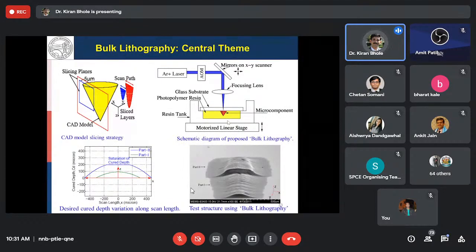Rather, it saturates after a certain level. So we can fabricate a structure of only a certain height using this bulk lithography. Whereas in MSL we keep on building layer by layer, so height is not a limit in case of MSL, but in bulk lithography the height is definitely a limiting parameter here.